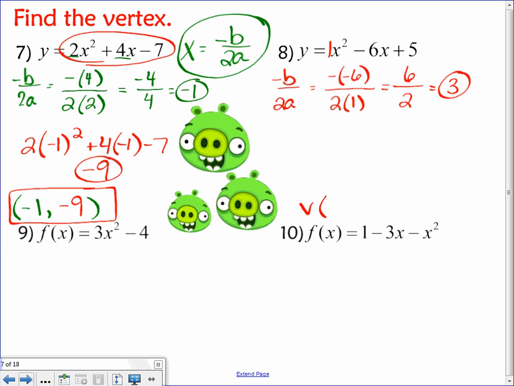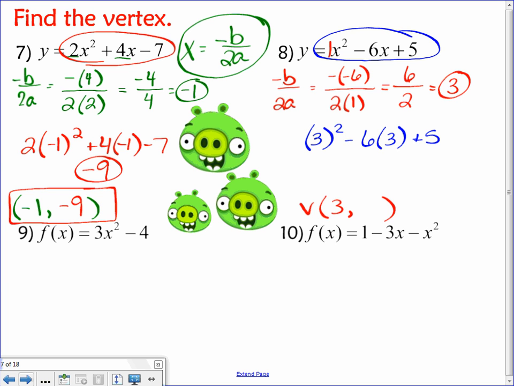So my vertex is located at 3, something. Again, we're going to go back to the original problem way up at the top and plug that in for x. So we'll have 3 squared minus 6 times 3 plus 5. Again, grab your calculator, and we'll go ahead and type that in.